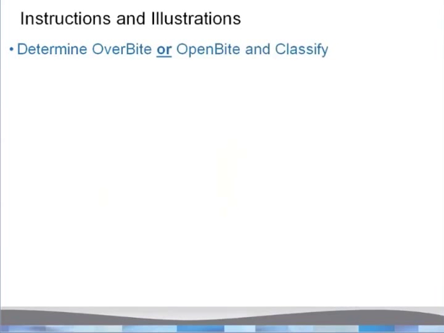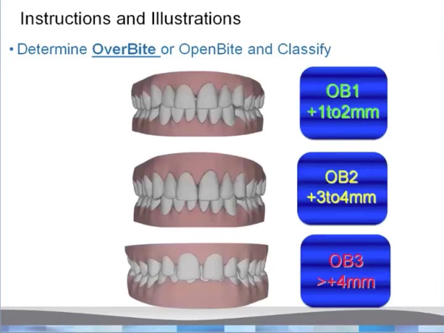And now we'll look at overbite, and we'll classify overbite at the same time. It is a choice between having an overbite or an open bite, and that's the same line that's on our little form here. So overbite would be that vertical relationship or vertical overlap between the upper anteriors and the lower anteriors.